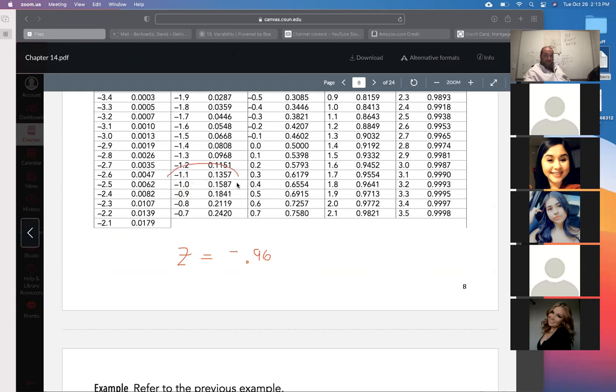So how do I determine the proportion to her left, if my table is not accurate enough? Negative 0.96 is right in between negative 0.9 and negative 1, right?